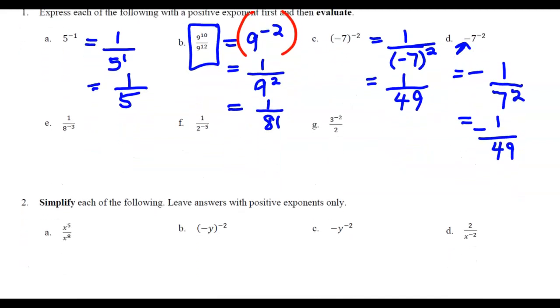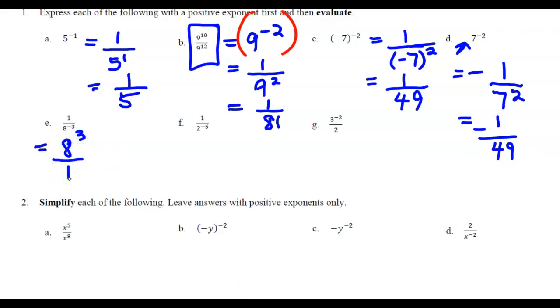Now, in E, the power with the negative is in the denominator. So now we have to flip it up. Anytime you flip from the numerator to denominator, or denominator to numerator, it changes the sign of the exponent.